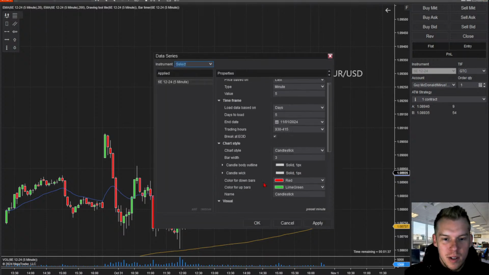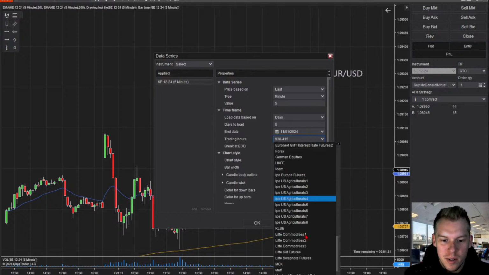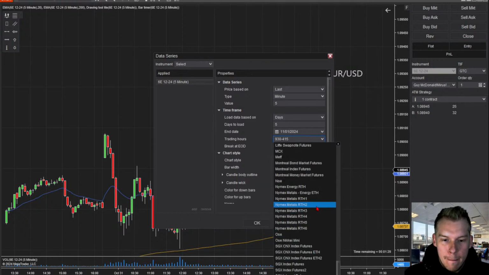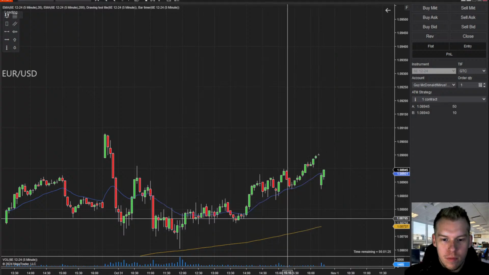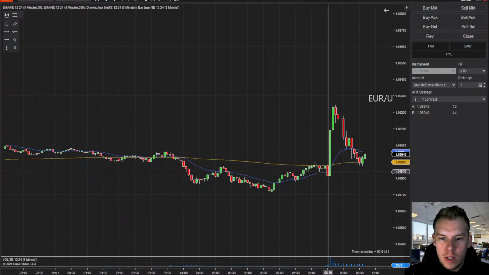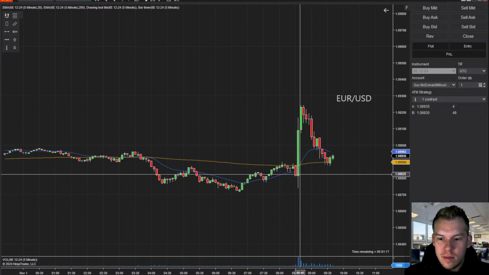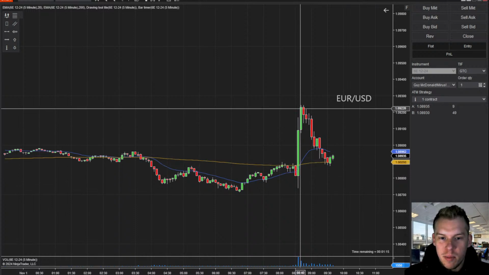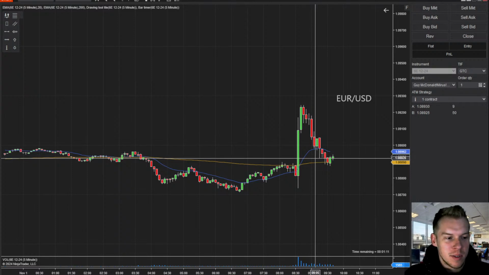Let me pull up the 24-hour chart just so we can see how the forex market reacted to that news. Yeah, so it's a significant breakout up, but then that breakout failed, and now we've basically reversed all that move.